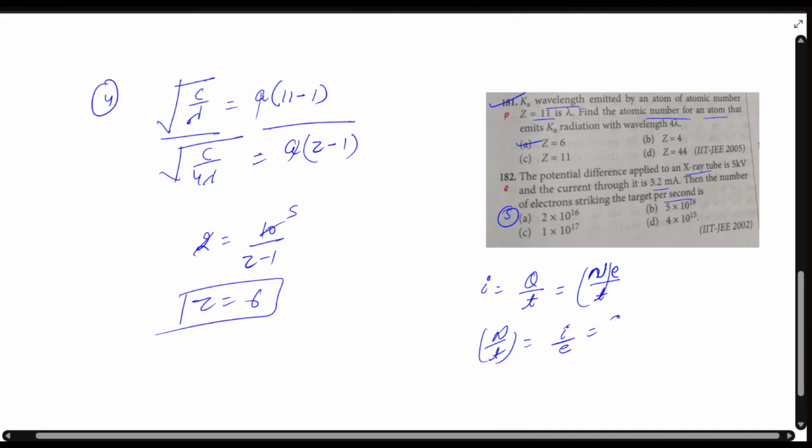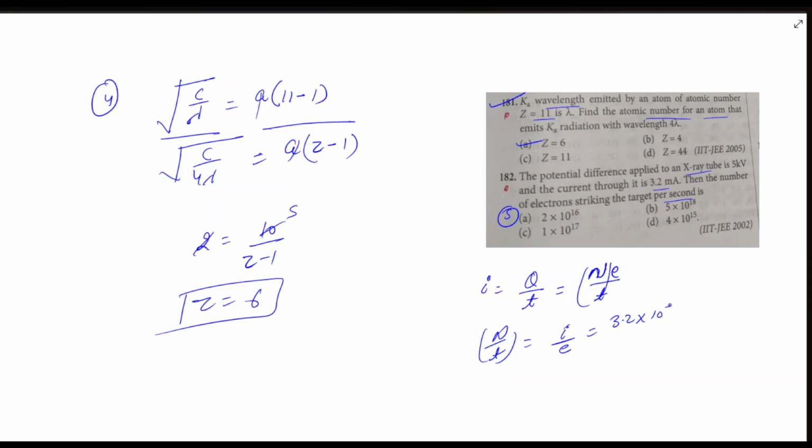I is 3.2 into 10 raised to power minus 3, divided by e, 1.6 into 10 raised to power minus 19. So this will be 2, and 19 minus 3 is 16, so the answer will be 2 into 10 raised to power 16. So A will be correct.